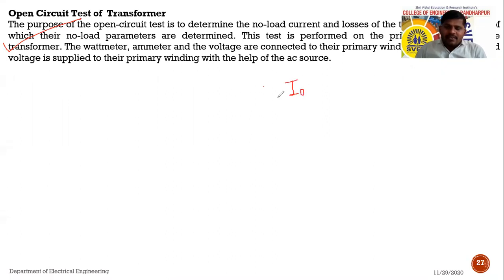No load current I0, again. R0, then X0, again we are calculating IW, IMU. So these are some of the equivalent circuit parameters.